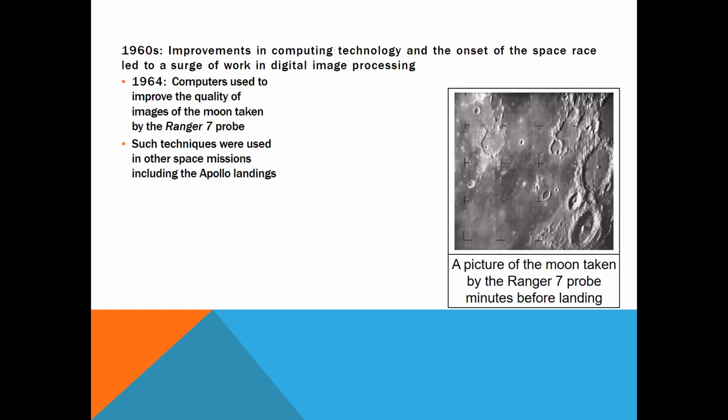In the picture, the moon was taken by the Ranger 7 probe minutes before landing. In 1964, computers were used to improve the quality of images of the moon taken by Ranger 7. Such techniques were used in other space missions, including the Apollo landings.